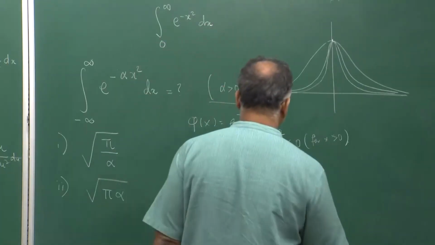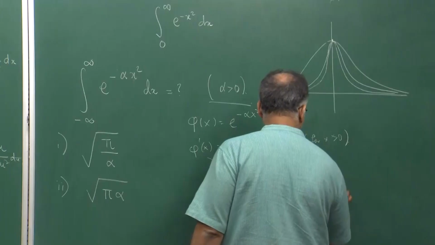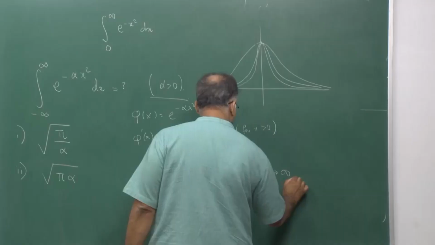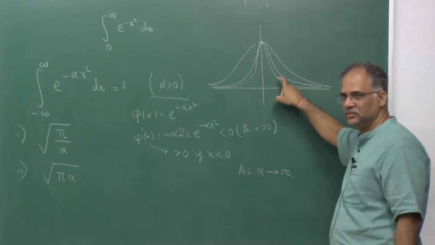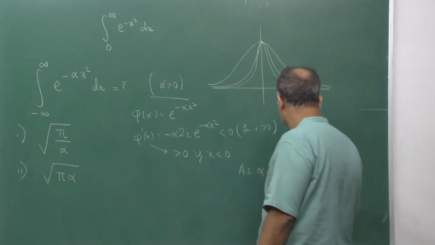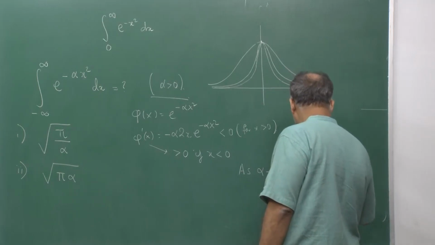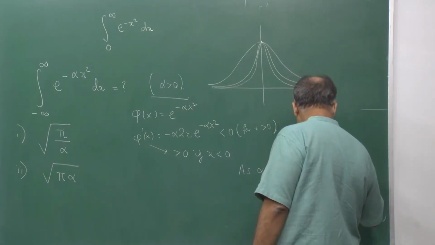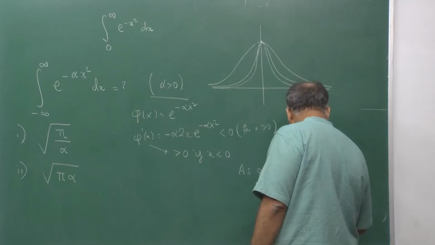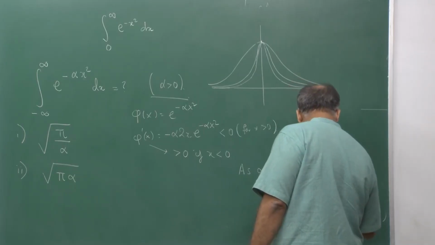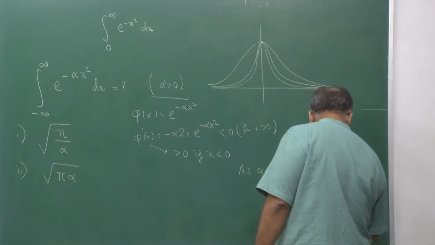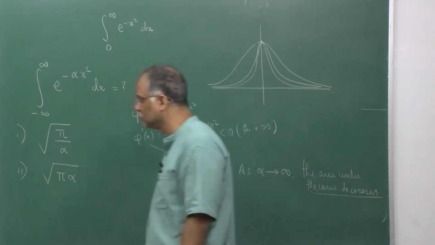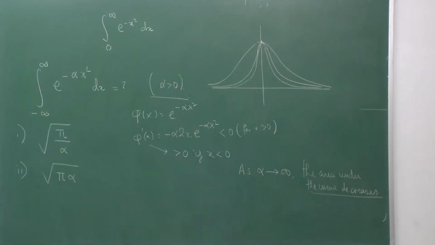So as alpha tends to infinity, the area under the curve is decreasing and finally goes towards 0.